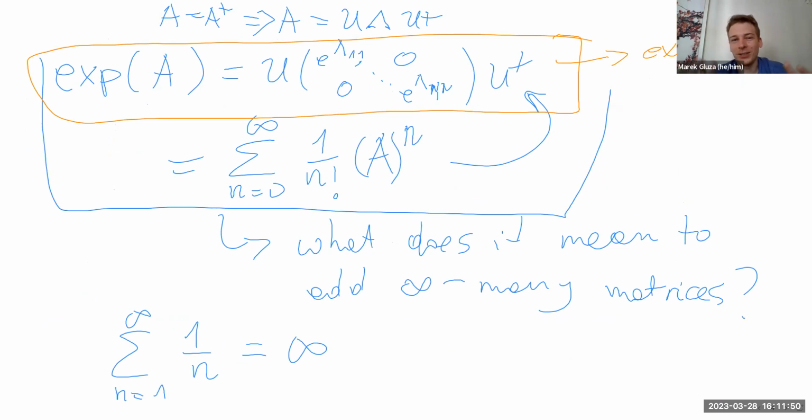Okay, I'm trying to overcomplicate things to show some ideas that come into play even for those simple cases. Taking an exponential is one of the most fundamental operations in quantum mechanics, at least on the theory side. So that shouldn't be a problem, but then you encounter this series and there's something more to it.